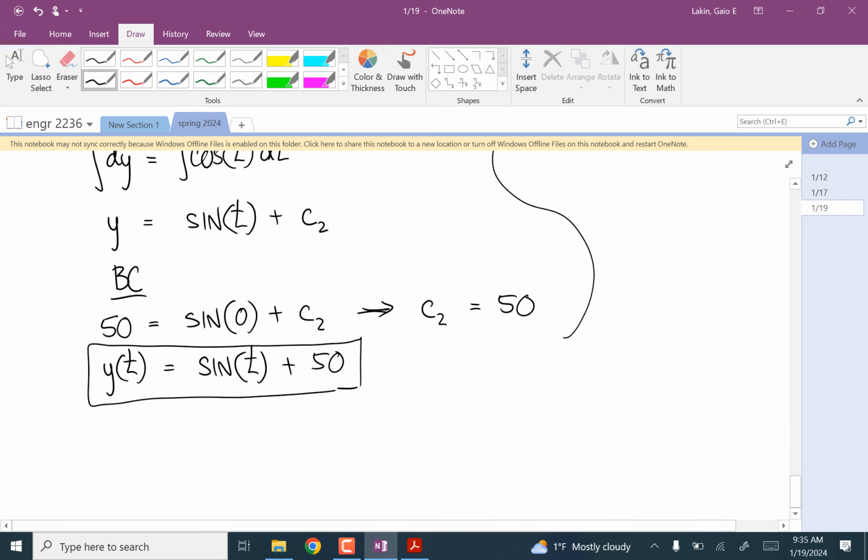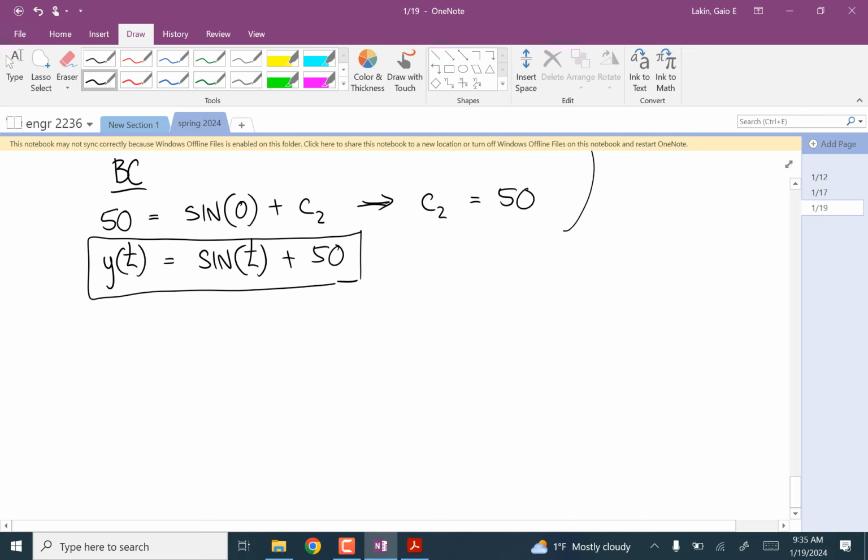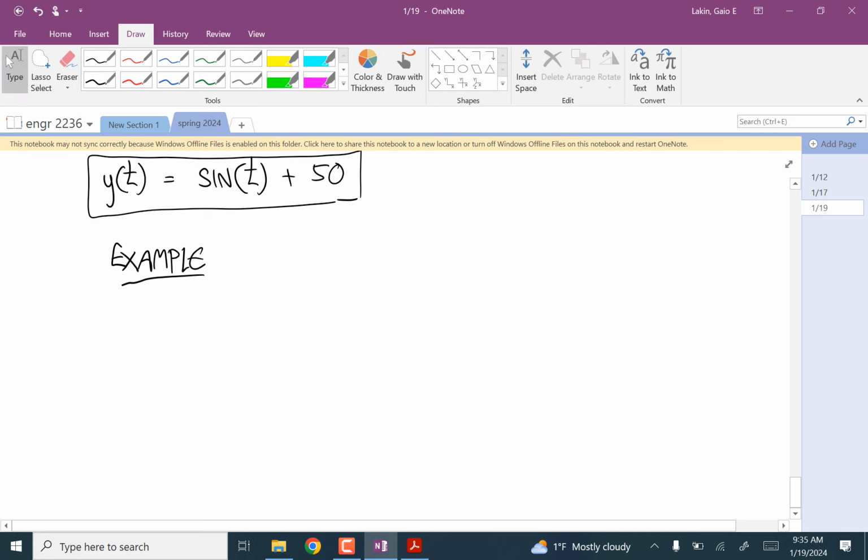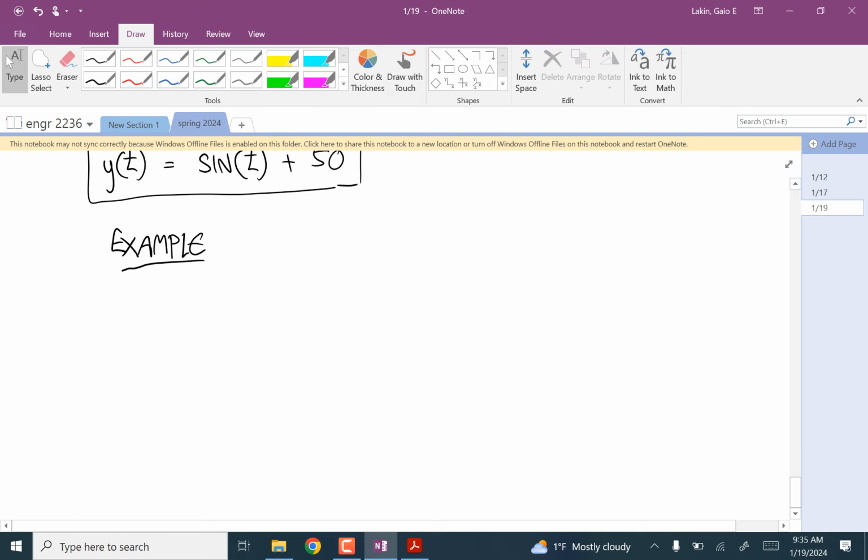Let me do one like that real quick. Okay, so let's say that we know that the acceleration as a function of time is equal to 5t.